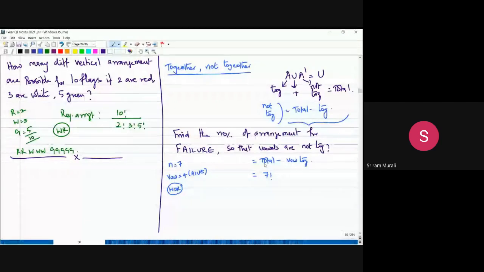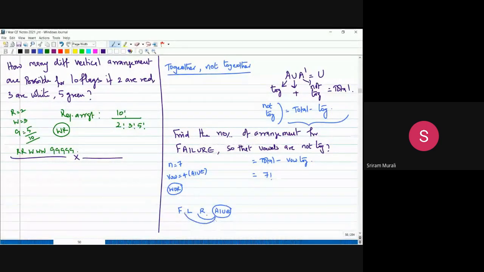So I come to this bubble business. You know n is equal to 7 without repetition, 4 vowels. What are they? F, L, R, consonants, and A, I, U, E vowels. You take this as one unit because it is together. So this can be in the last position, or between L and R, between F and L, or in the beginning. How many such places are there? 1, 2, 3, and then this is a fourth place.